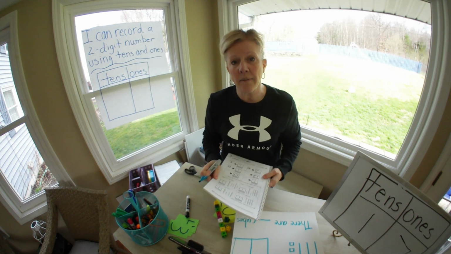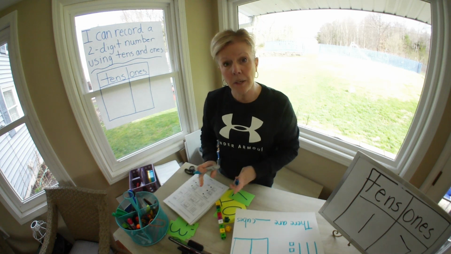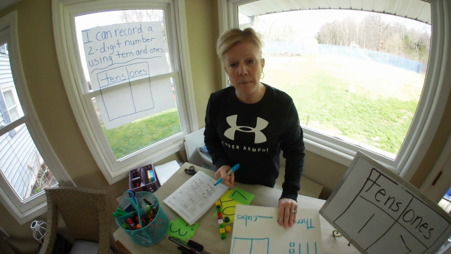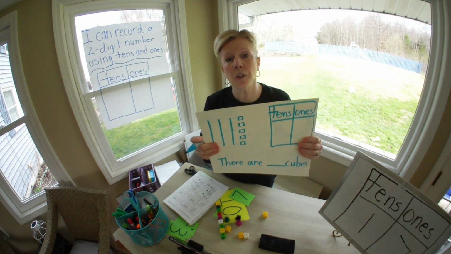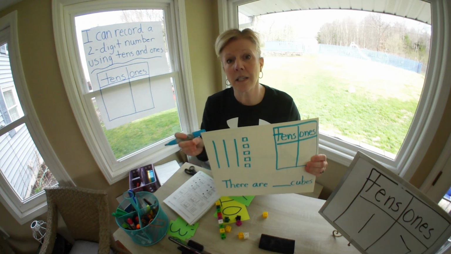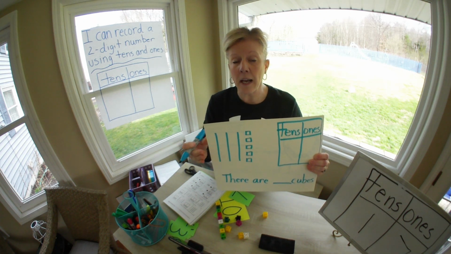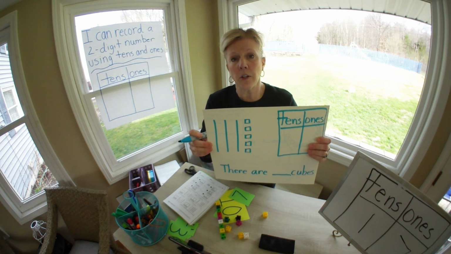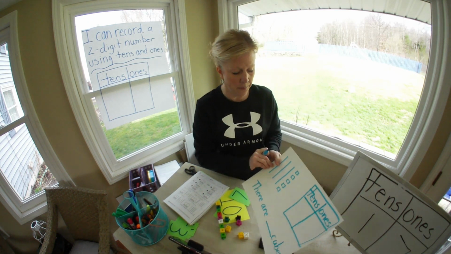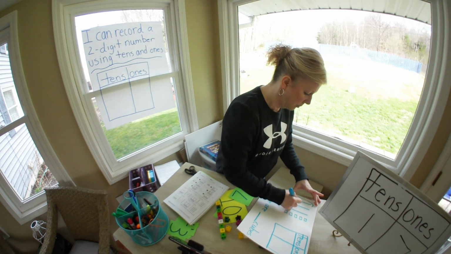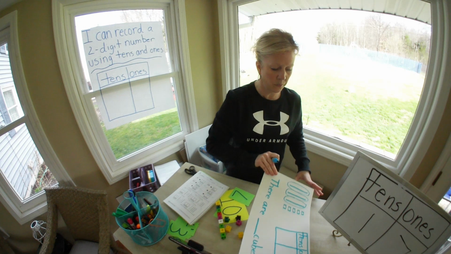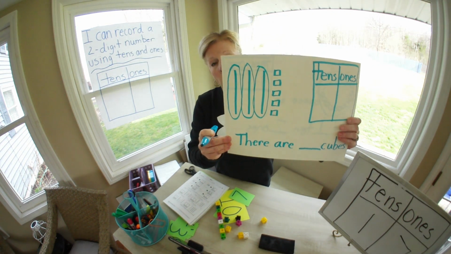So on page 7, we're going to do exactly what we just did. It says, write the tens and ones and complete the statement. But again, I want you circling your groups of 10. The best way you can do math is to stay organized, and I'm going to help you do that. So I want you to circle your groups of 10 while I do it. Go ahead. I hope yours matches mine.